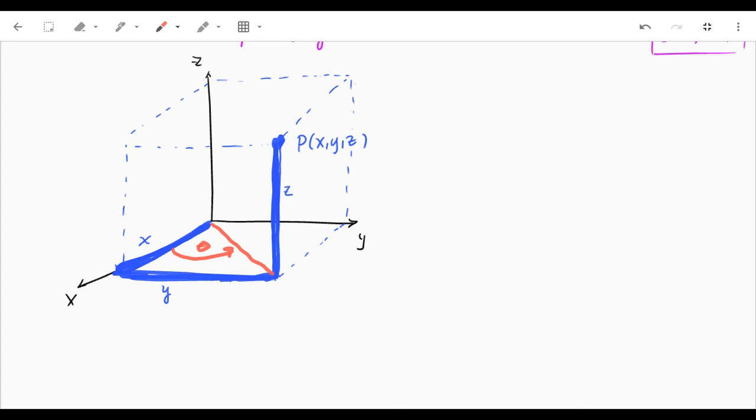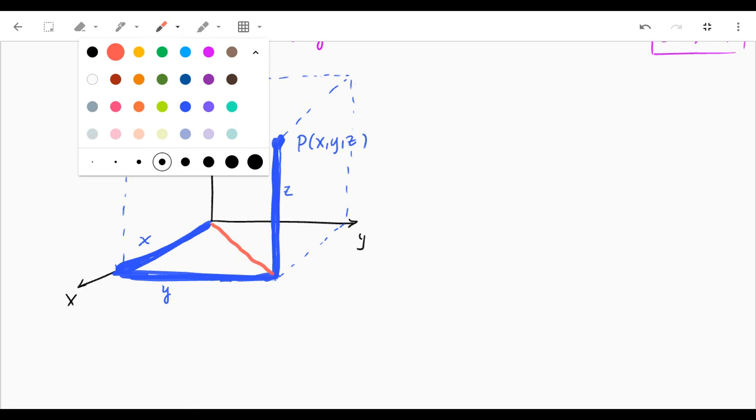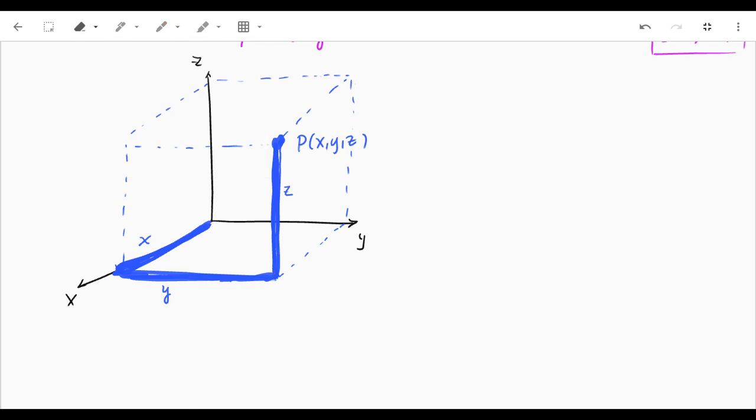And actually I'm going to do it using a thinner pen right now. So there would be our theta. And then this distance here is rho. So it connects the origin to the point. And then this angle here would be phi.